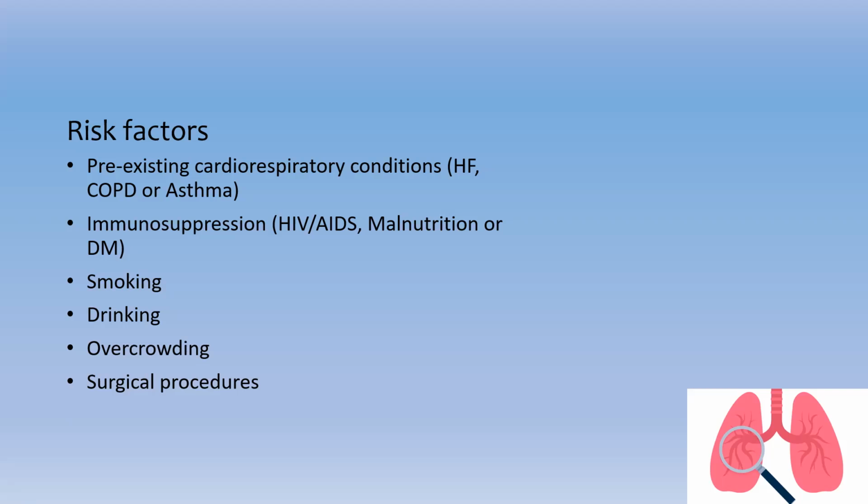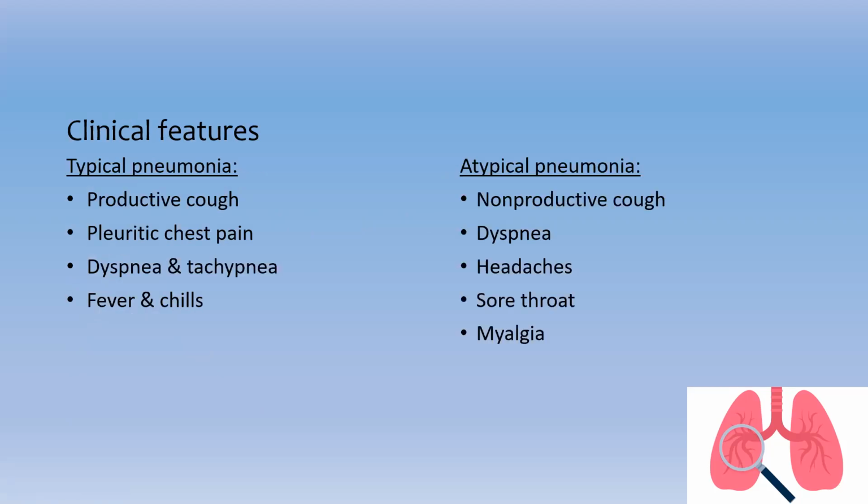If she's a high school student and they have overcrowded dormitories, then that raises eyebrows. Could be a pneumonia. Surgical procedures, like dental procedures, more specifically tooth extractions. There might be a bit of contamination that makes microbes make their way down the trachea and then cause problems.